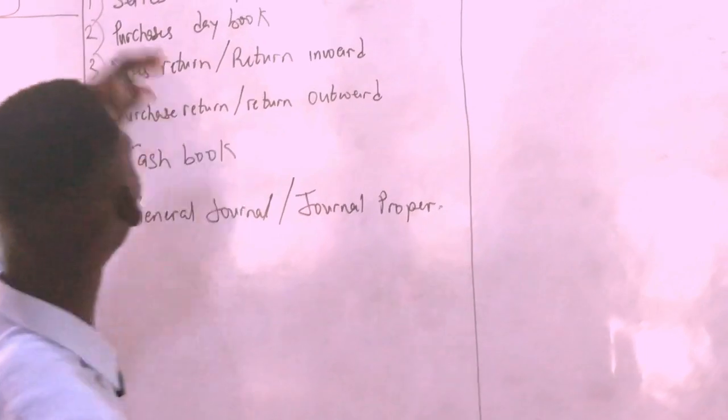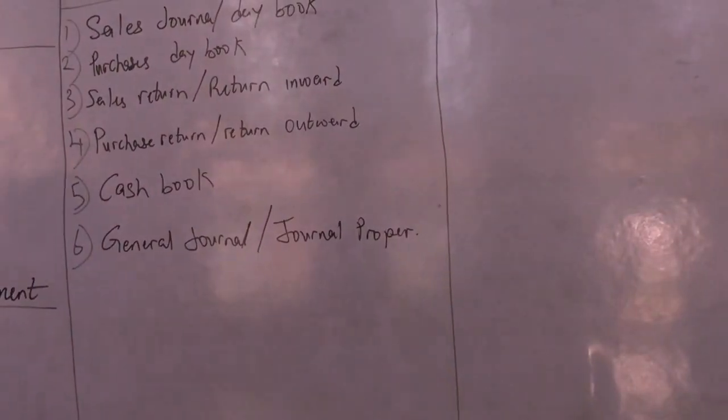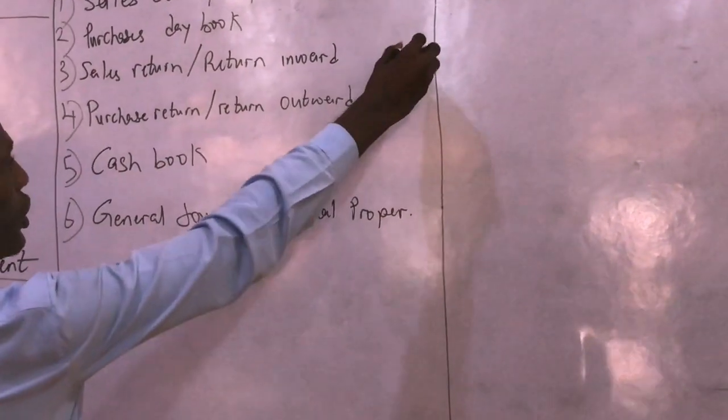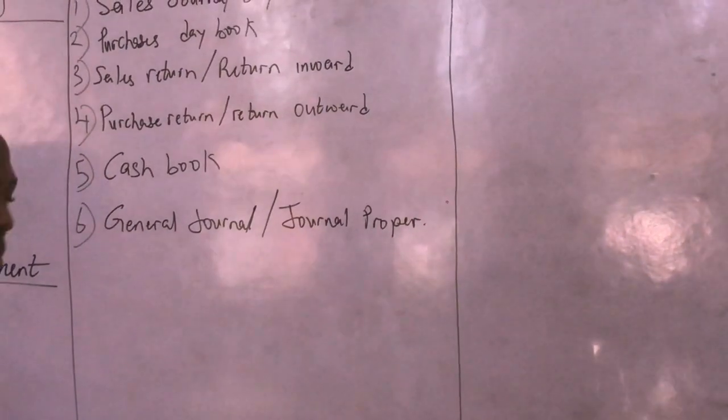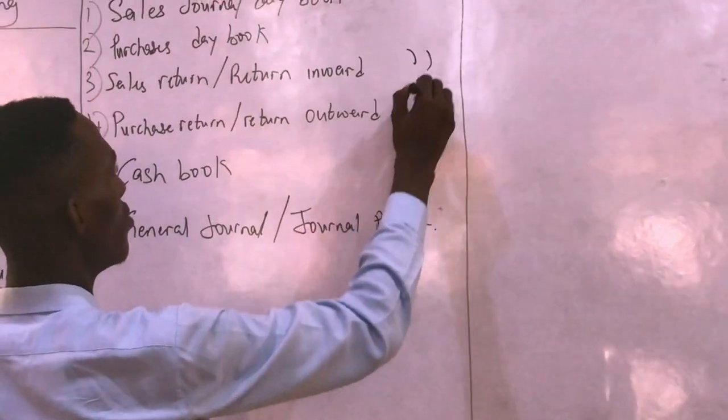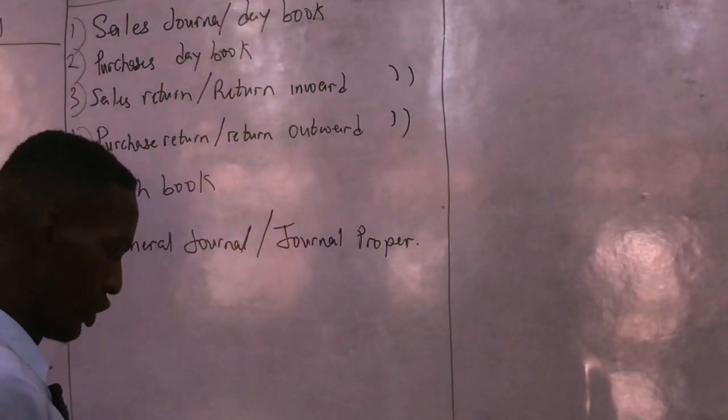These are the six day books. Remember you put day book or journal at the end of it, depending on what you want to do.